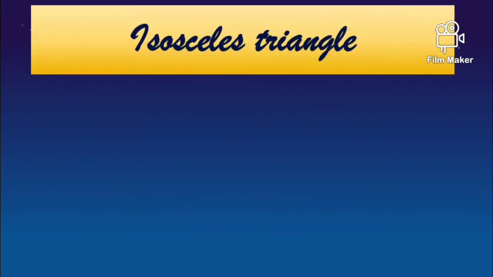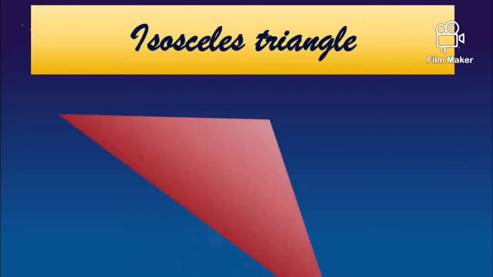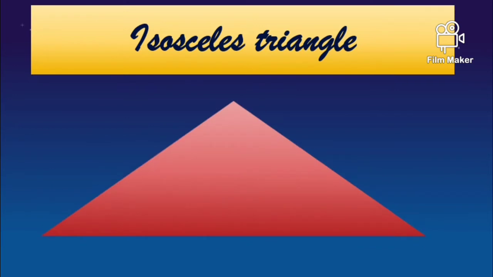Now the second type of a triangle according to their sides is isosceles triangle. What is an isosceles triangle? You can see in this triangle, it seems that two sides are equal. This side and this side of the triangle is equal in length.